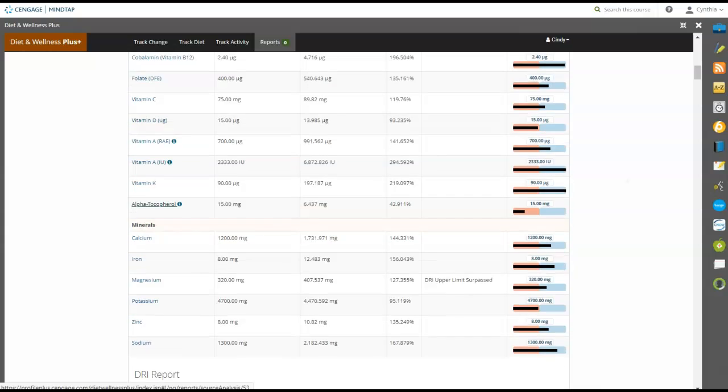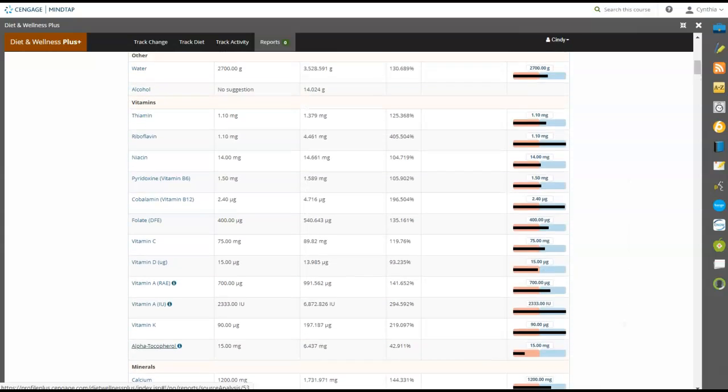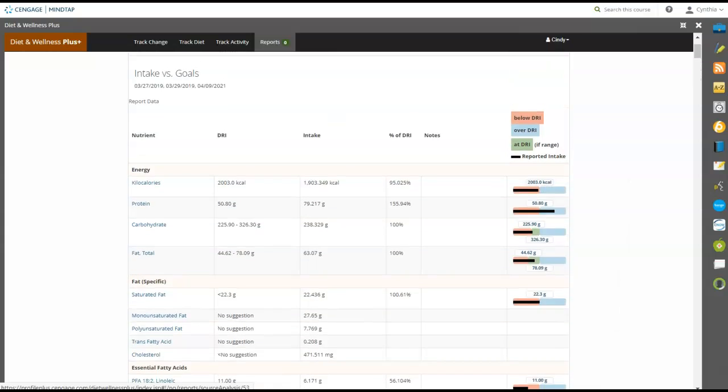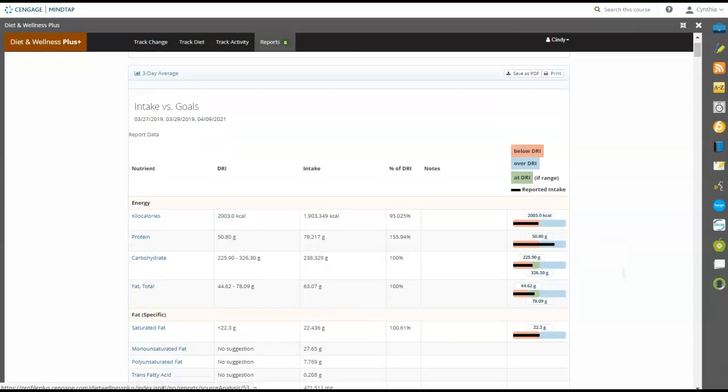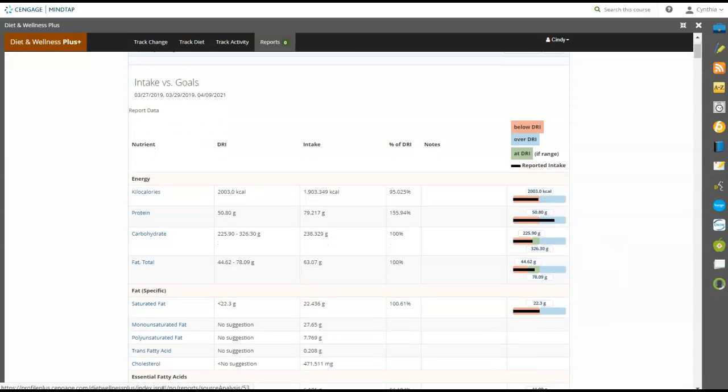Okay? But in every case, what you're looking at in this, and again, just to remind you, this is our intake versus goals. This right here is your most basic snapshot about how well your diet meets the recommendation for specific nutrients. One of the quickest and easiest ways to look is to look here at this percent of DRI.